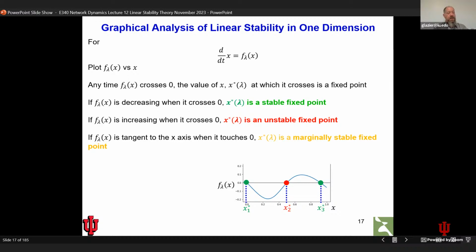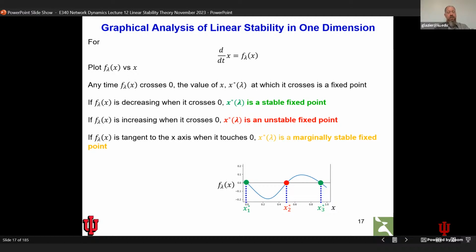If f of x is not required to be continuous, then I could have two stable fixed points next to each other. And so most of the theory that I'm going to be talking about is going to assume that our rate equations are continuous and differentiable. If you allow discontinuities in the rate equations, jumps in the rate equations, then some of the things that we're going to talk about here aren't necessarily going to be true.